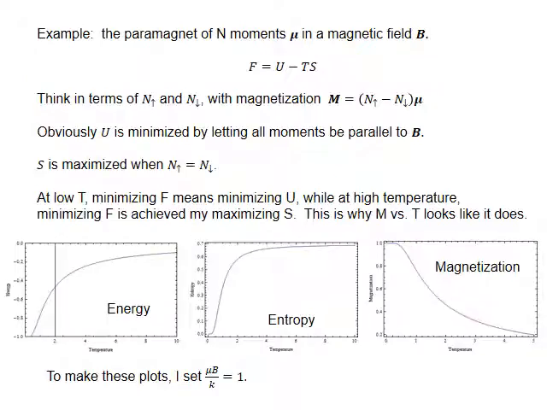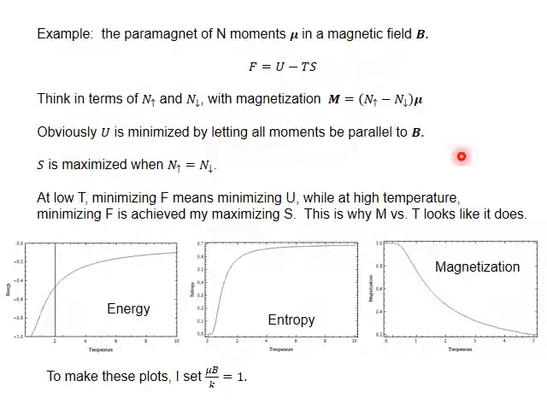All right, so let's see how this plays out. One quick example, and this is qualitative. I'm not going to do any calculations here, but we've already done the paramagnet, actually twice so far in the class. Here's the Helmholtz free energy, U minus TS. Recall that we like to talk about the magnetization of the paramagnet, which is the difference of the number of up and down spins.